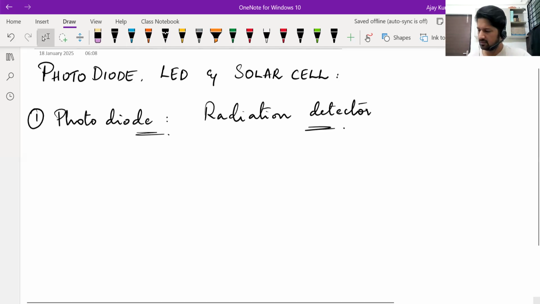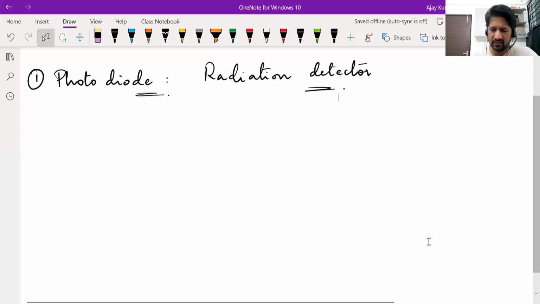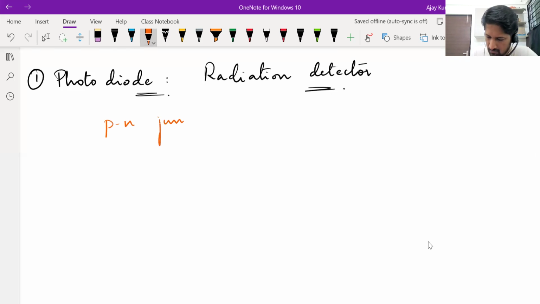Fine. How does it work? See, a photodiode is basically a PN junction, but in reverse bias.